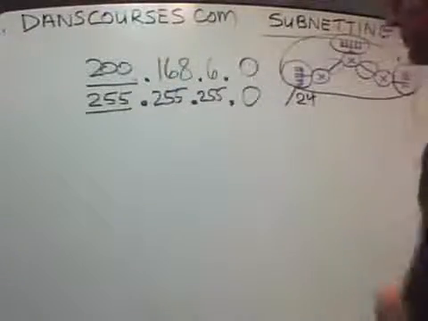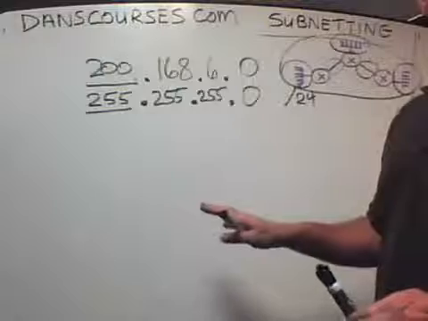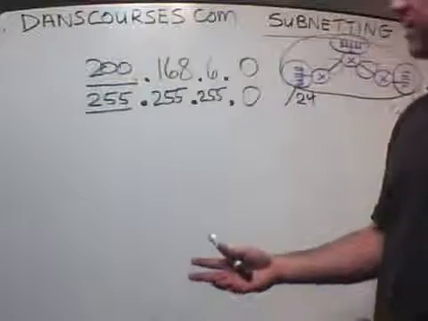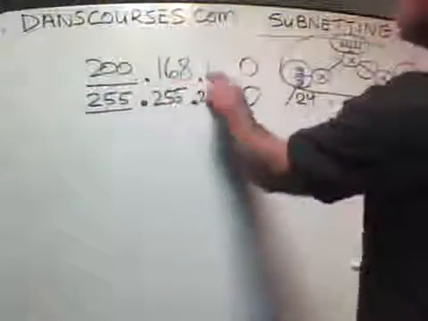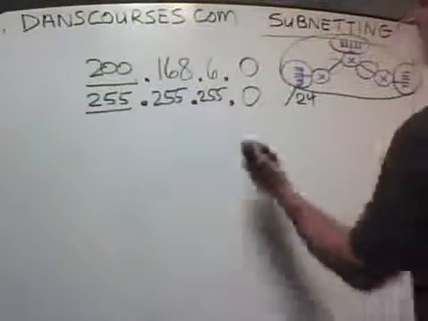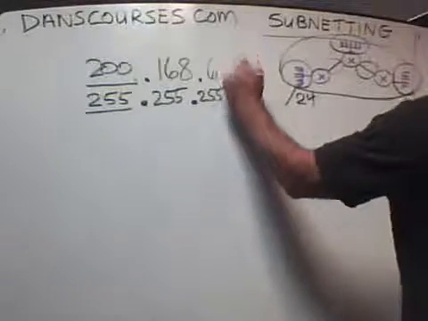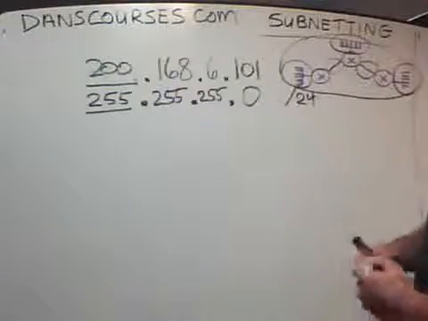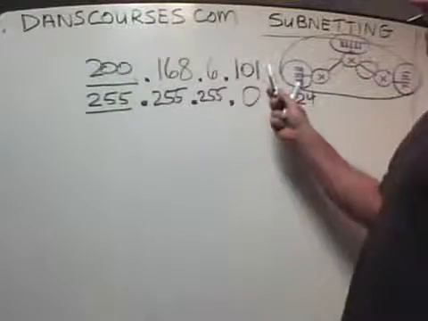But first of all, before we break this network down into subnets, how does a router even function like this? In other words, if a router gets an IP address like 200.168.6.101, the router's job is to route the packet if it wants to go to this address.